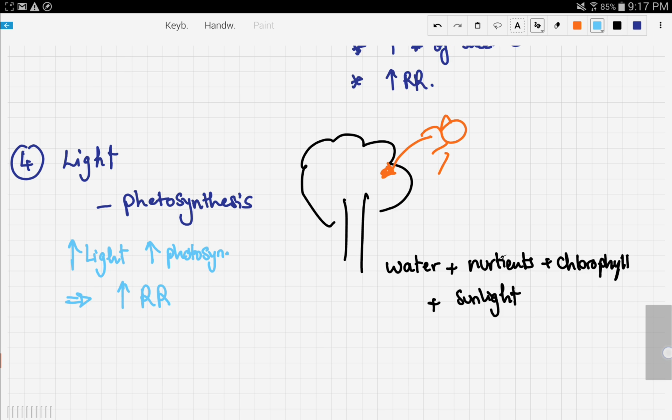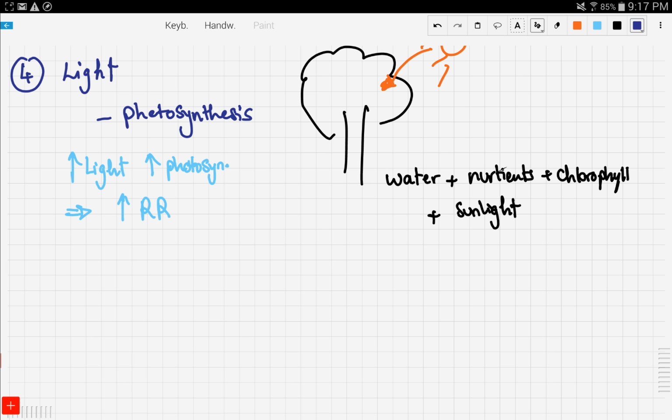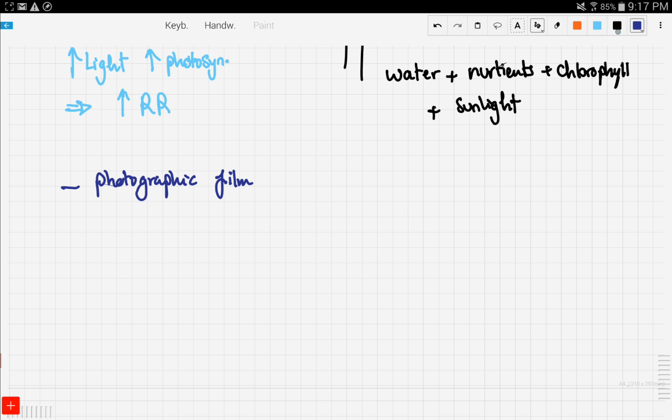Okay, let's consider another process, which is photographic film. If you're interested in photography or filming and stuff like that, this might be a bit interesting for you. Okay, let's pretend this is a film. A photographic film is covered with a gelatin layer, and on this layer there are tiny particles of silver halide.